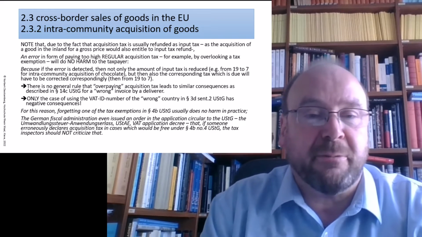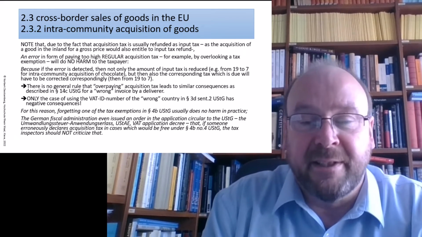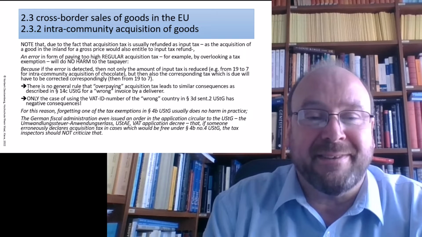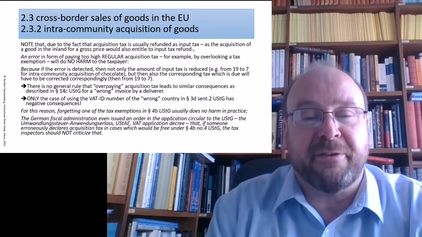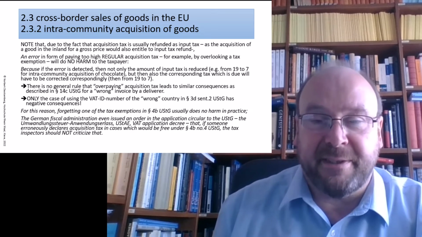For this reason, the German Fiscal Administration even says if you ignore one specific exemption here for B number 4, a tax inspector should not bother to criticize that.